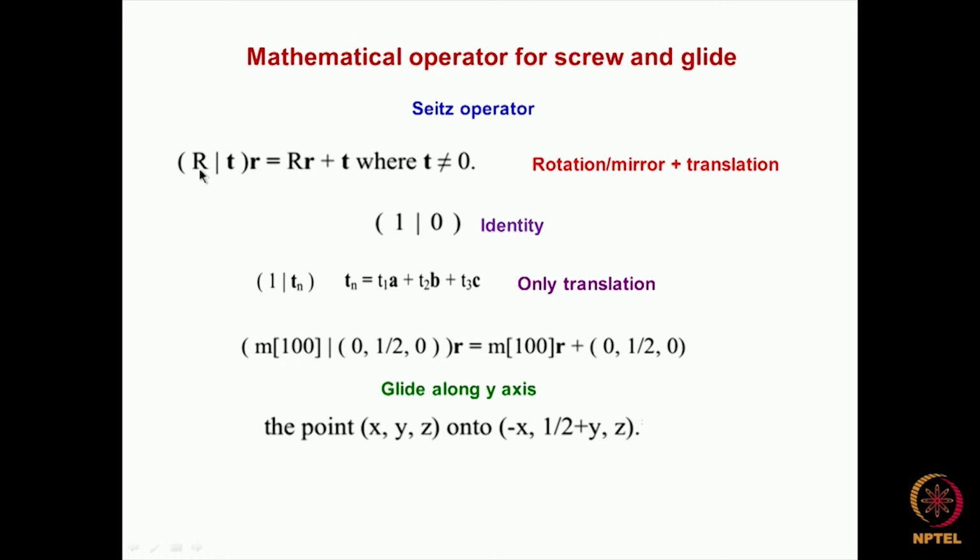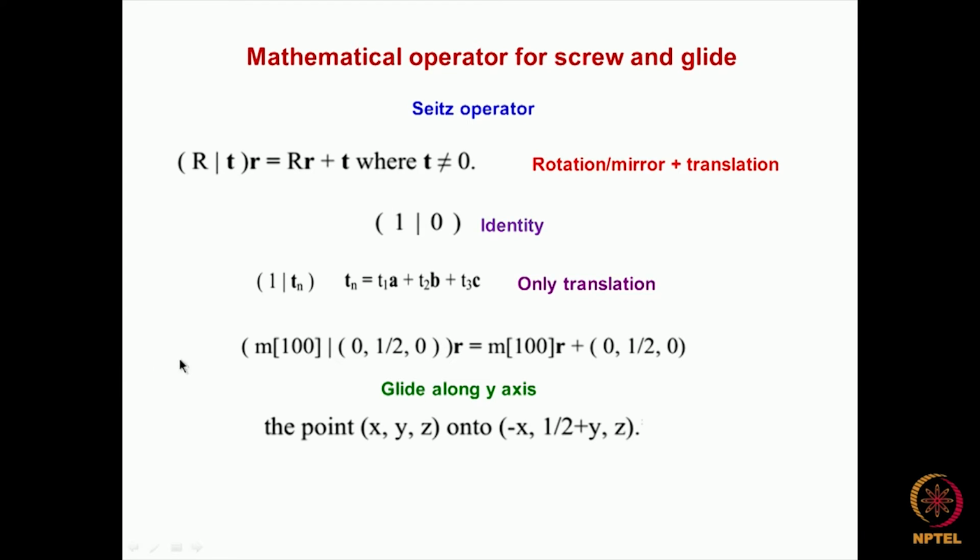Suppose this R is an identity operation and the translation is 0, it means that whatever we do, it stays at the same point, right. That's why it is called an identity. Suppose the identity is there, but instead of 0, the translation is Tn, in some direction. That means only a translation is being performed.